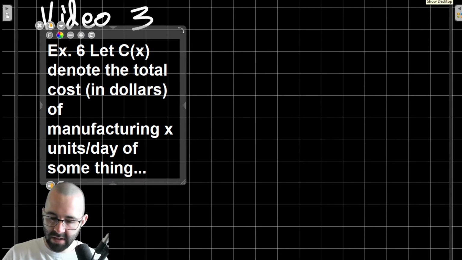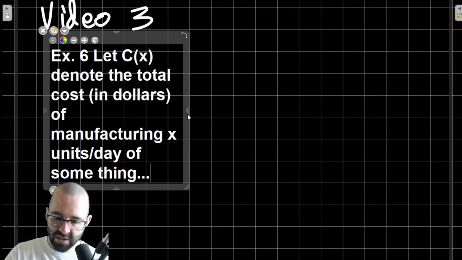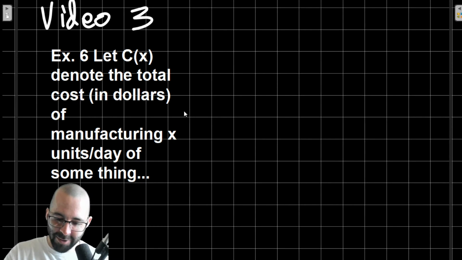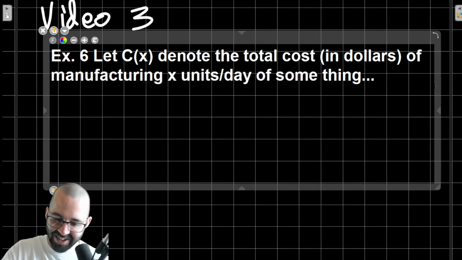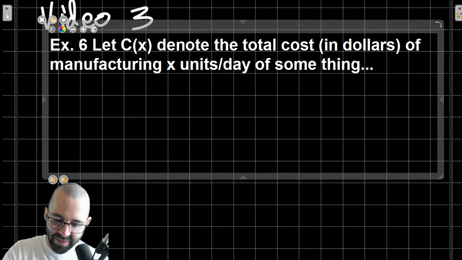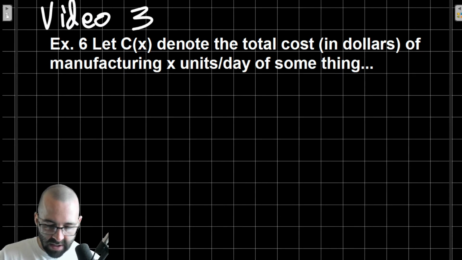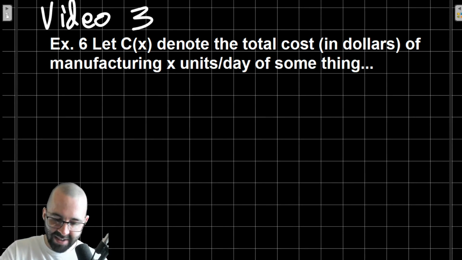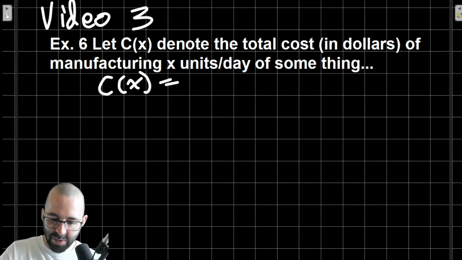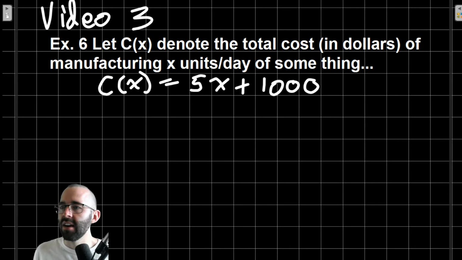Then we're going to ask a couple questions about this. I didn't write the formula down in my notes, so let's just say the formula is C of x is equal to, say, 5x plus 1,000.